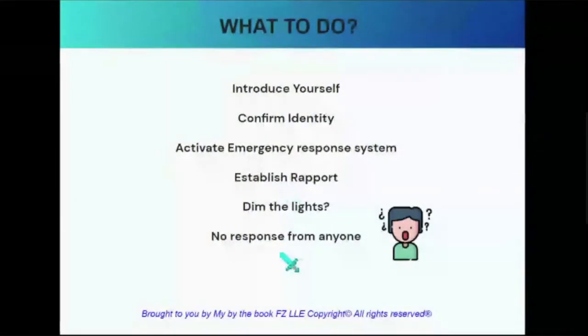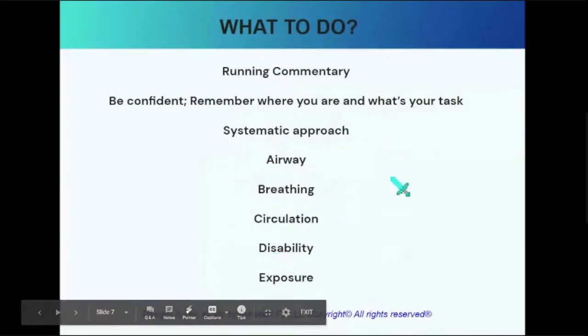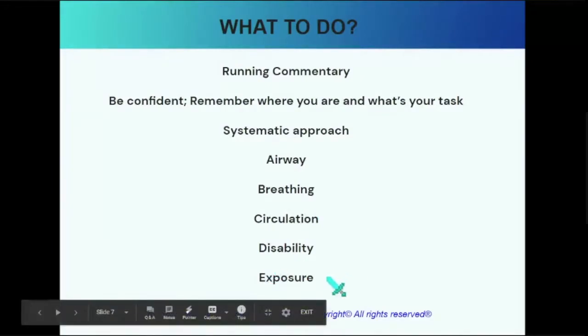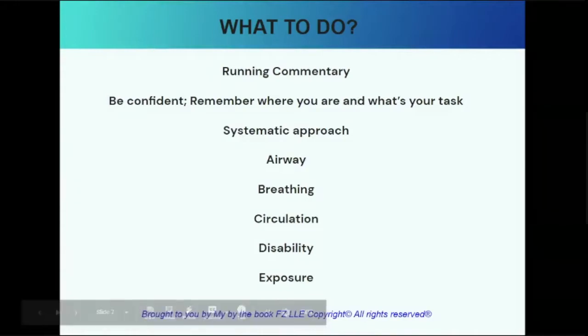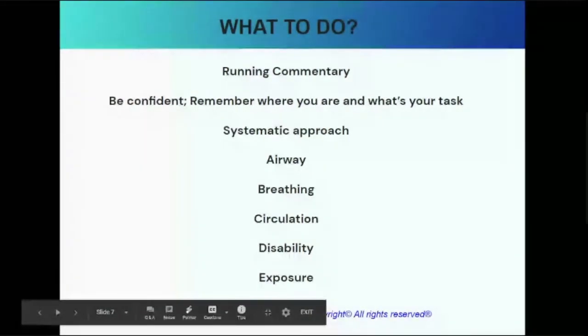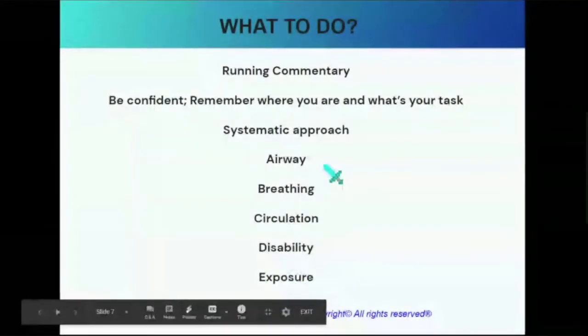You will check for response. Check for response, then start with airway, breathing, circulation, disability, exposure. These are things that you should remember. So where does GCS, or checking Glasgow Coma Scale, fall in this systematic approach?